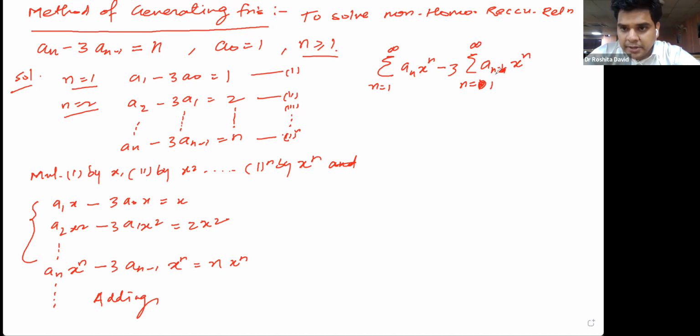Now I'm writing correctly. If I add the right-hand side terms, 1x, 2x square, nxn, it is the summation of nxn, starting with n is equal to 1 to infinity. This is the overall summation.